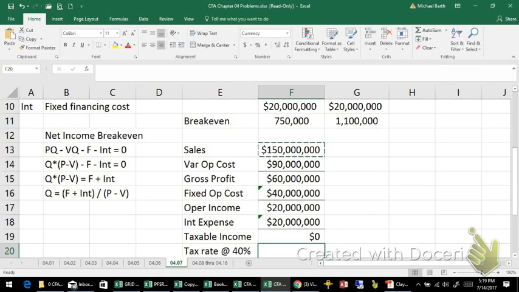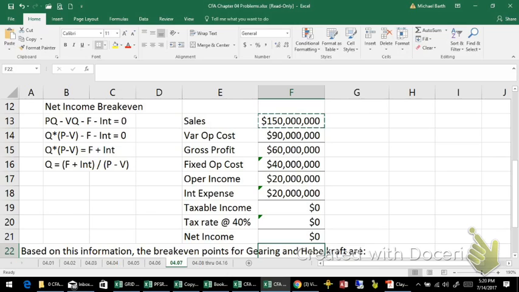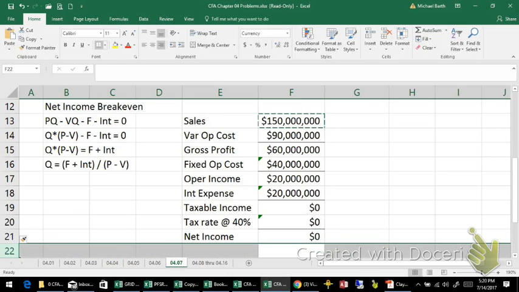Taxable income 0, and 40% of 0, I'm just assuming a 40% tax rate because that's generally pretty close for a large company. So net income is exactly equal to 0.